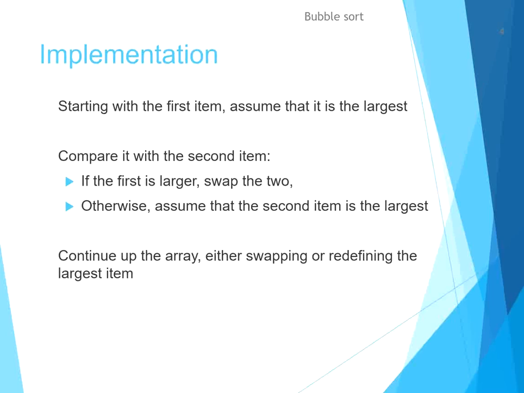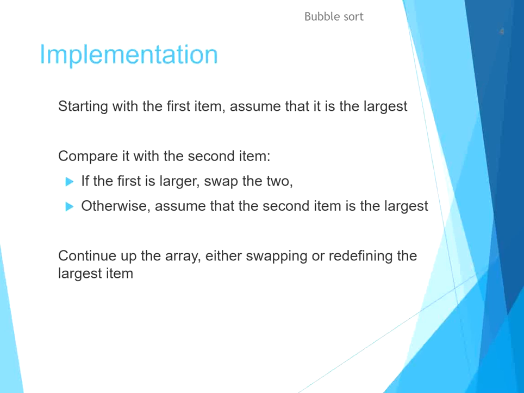So how do we implement this bubble sort? Starting with the first item, assume that it is the largest. So we start from the very first element of the array at index 0, and then we compare it with the second item. Like you compare the element with the adjacent element of the array.